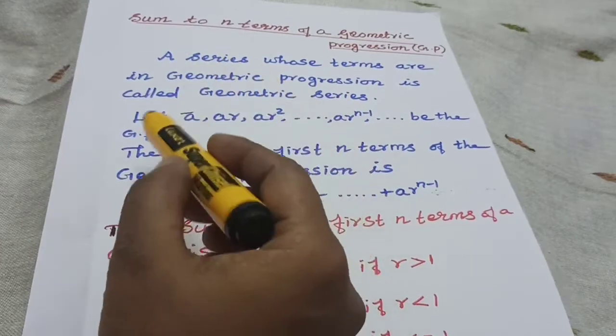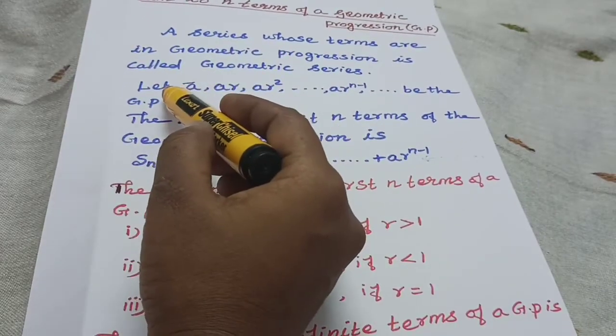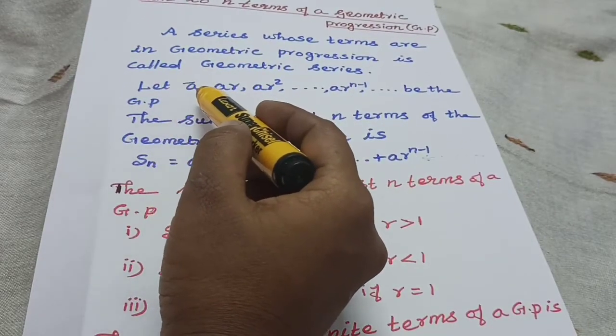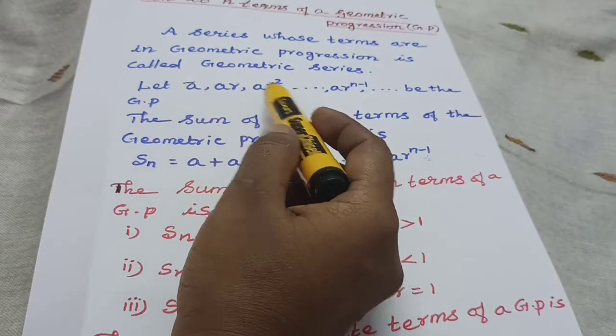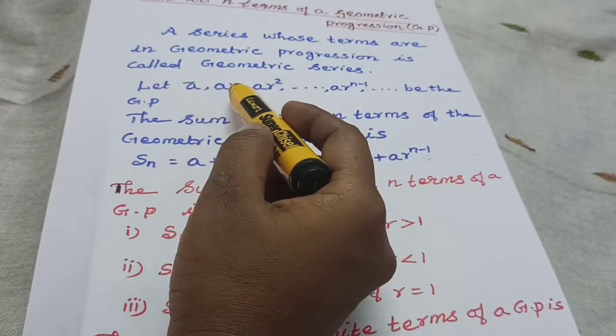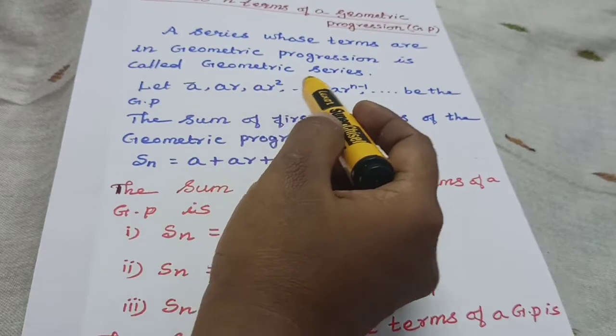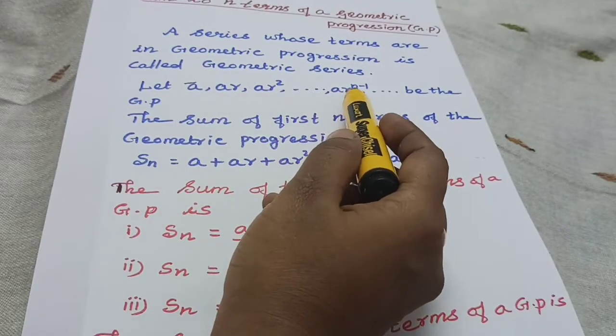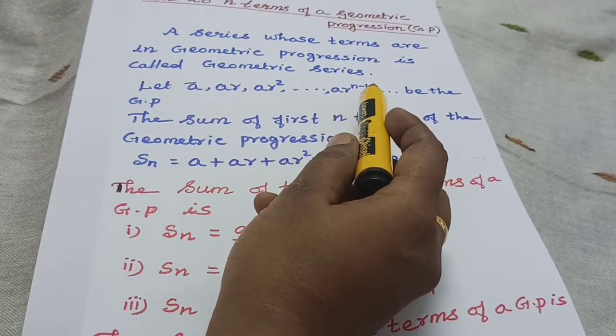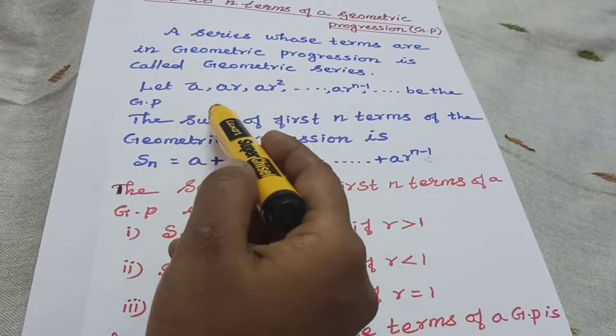Here we have to take the geometric progression GP: a, ar, ar square, etc., ar power n minus 1 be the GP, isn't it?